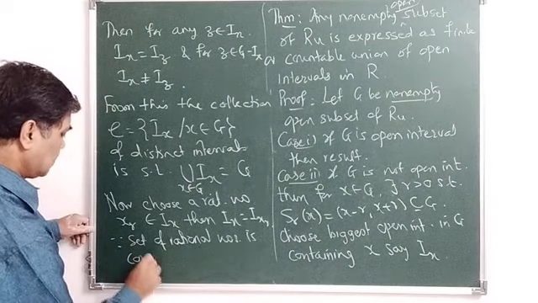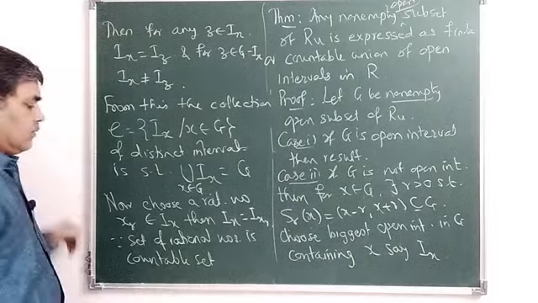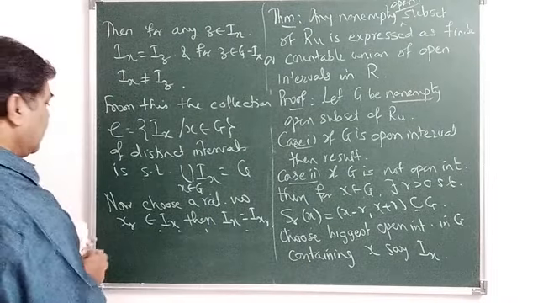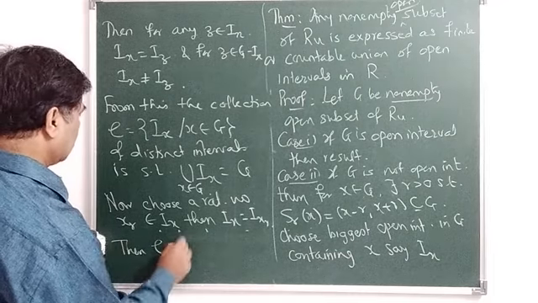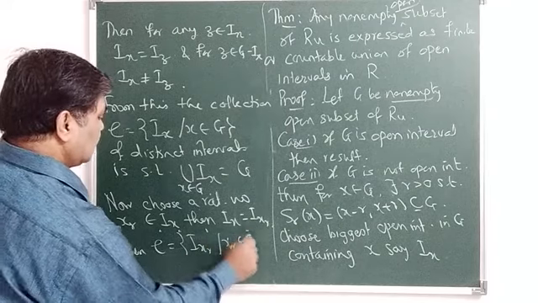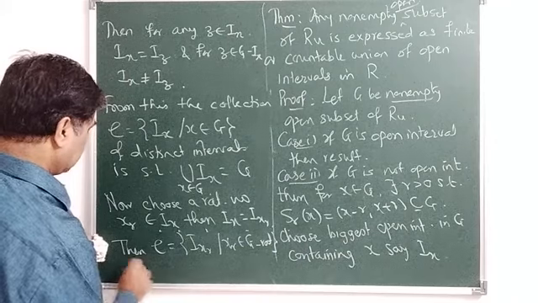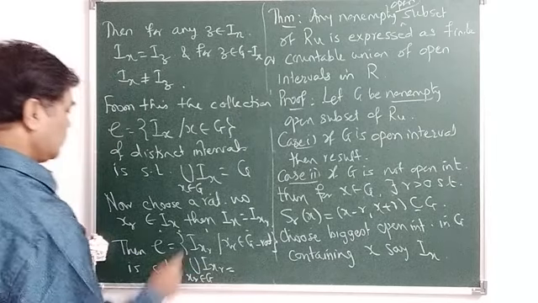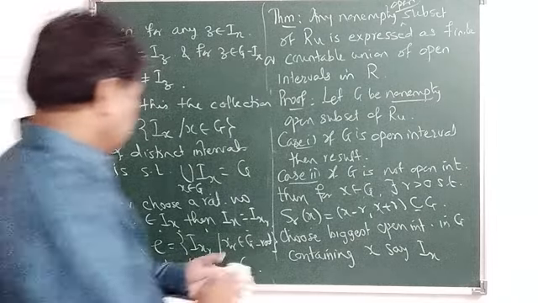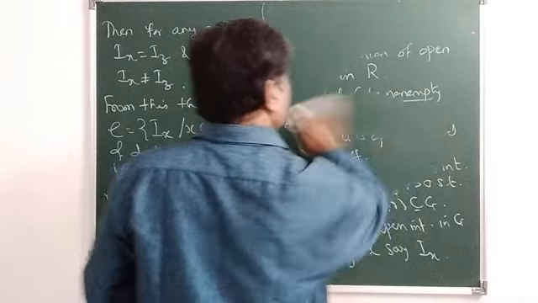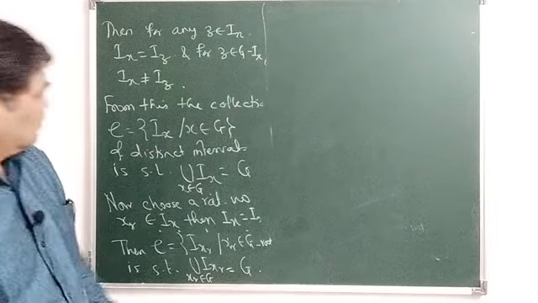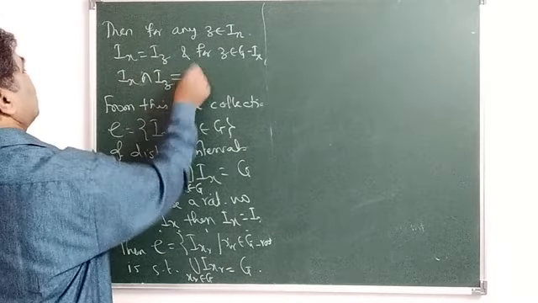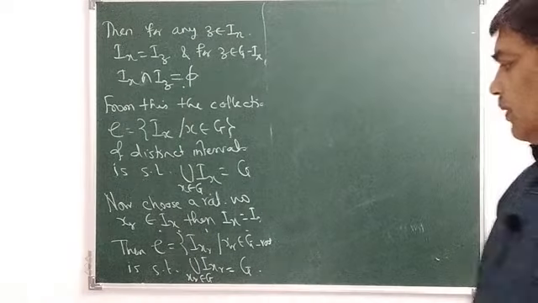Then C equal to Ixr, where xr belongs to G is rational, is such that the union of Ixr, xr belongs to G, must be equal to G. Ix intersection Iz is phi here, that must be phi.